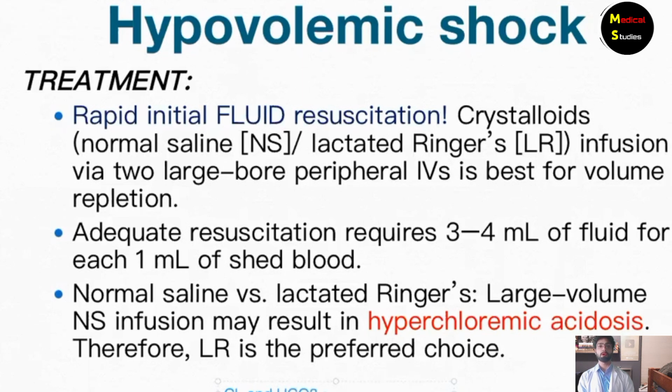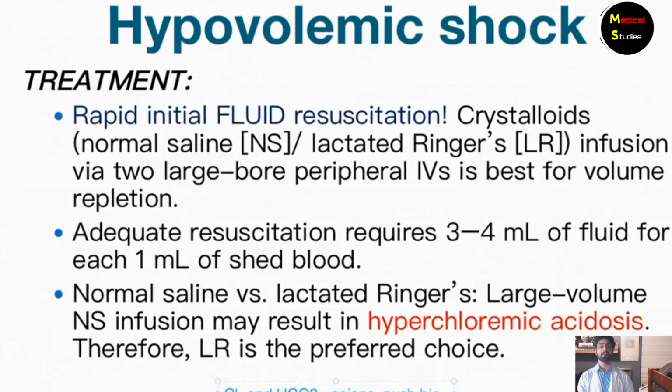We are giving a lot of chloride from outside, so this chloride will push bicarbonate into the cells. Now what will happen to the bicarbonate level in the blood? It will decrease, and decreased bicarbonate is called metabolic acidosis.